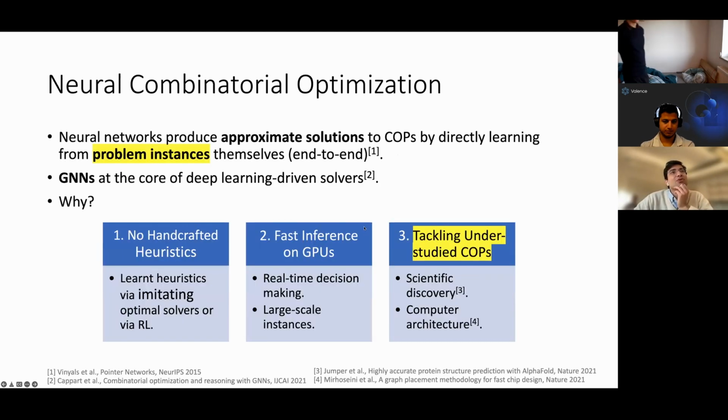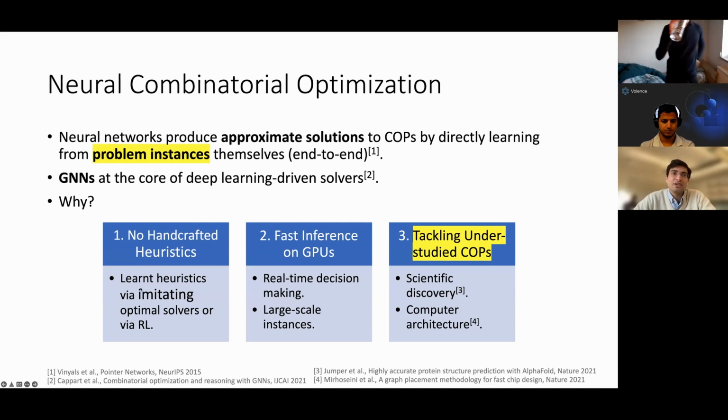Neural combinatorial optimization is essentially using neural networks, specifically graph neural networks, which are at the core of these models, to take combinatorial optimization problem instances and directly learn to produce approximate solutions in an end-to-end way.